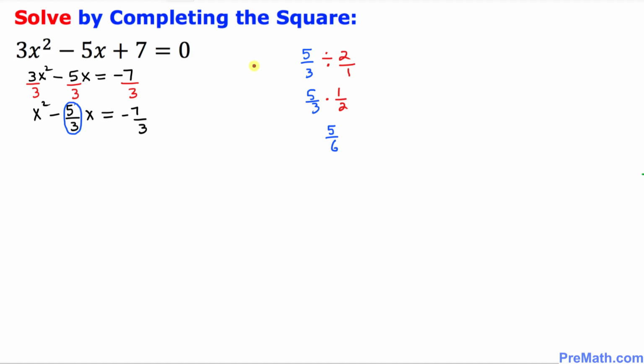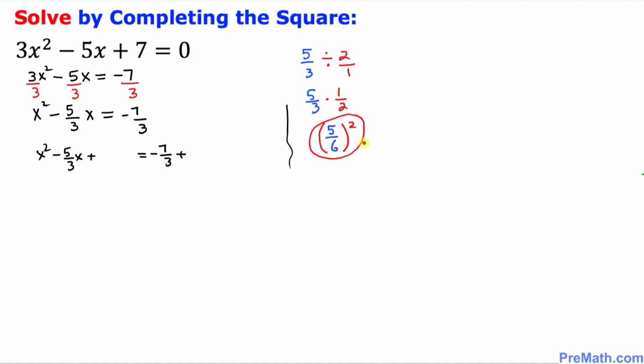Now our next step is, whatever number we got, we must square it. Whatever we got, we are going to add on both sides of this equation. So let's write down x squared minus 5 over 3x, and I'm going to put a plus and some space over here, equal to negative 7 over 3 plus some space over here.